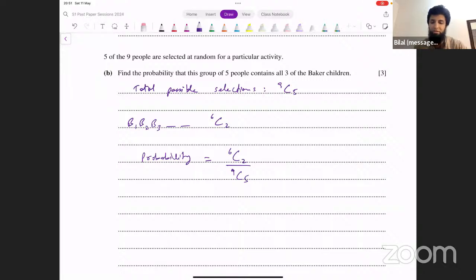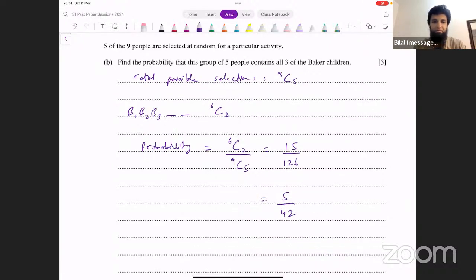You can see what that turns out to be. 6C2 is 15 over 9C5. That is 126. Can we simplify this? 5 over 42. That's the result that we get from this. Okay. 5 over 42. That's the probability that we were looking for. Make sense? That's the second part here.